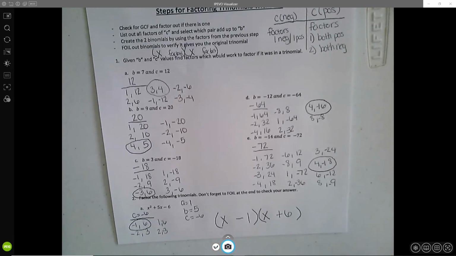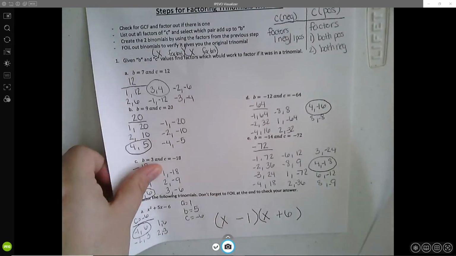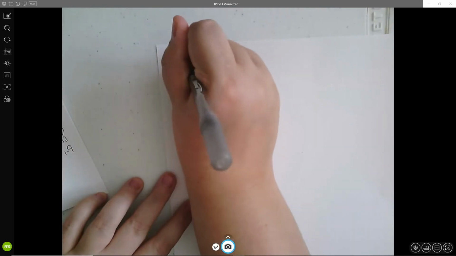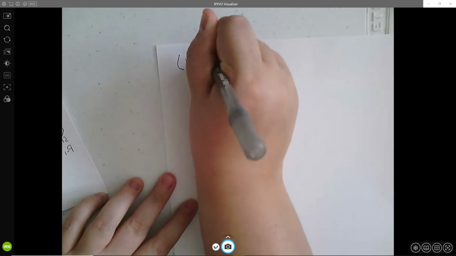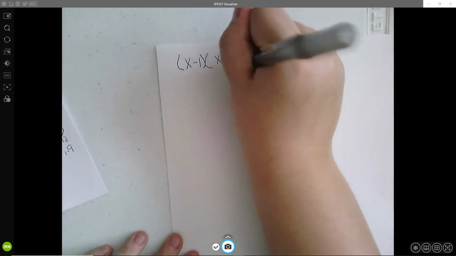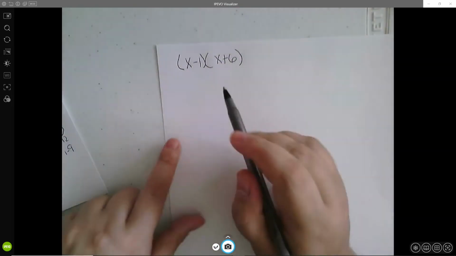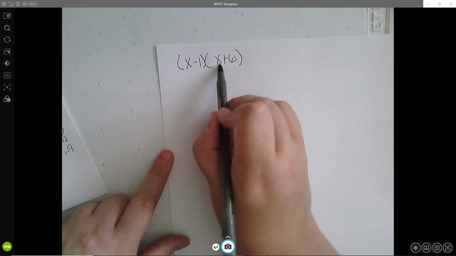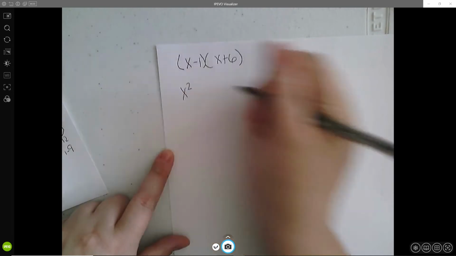Now, it does say to FOIL to check to see if it works. So, I'm going to go here on a side piece of paper, and I'm going to check. We had x minus 1, and we had x plus 6. Okay, if I FOIL this to check, start by taking your first 2 terms and multiplying. X times x is x squared.